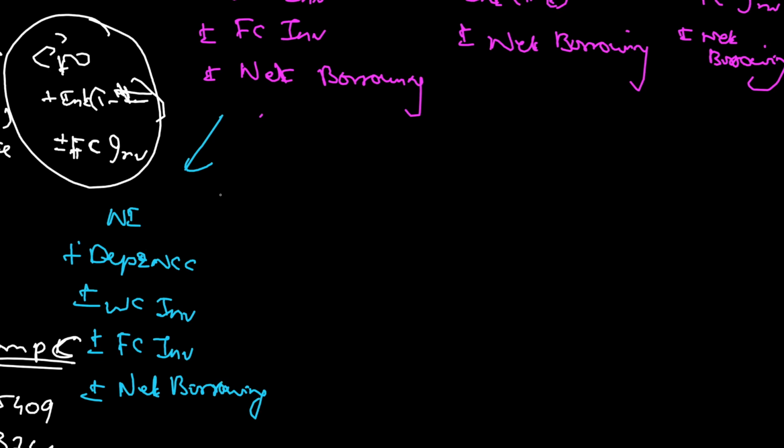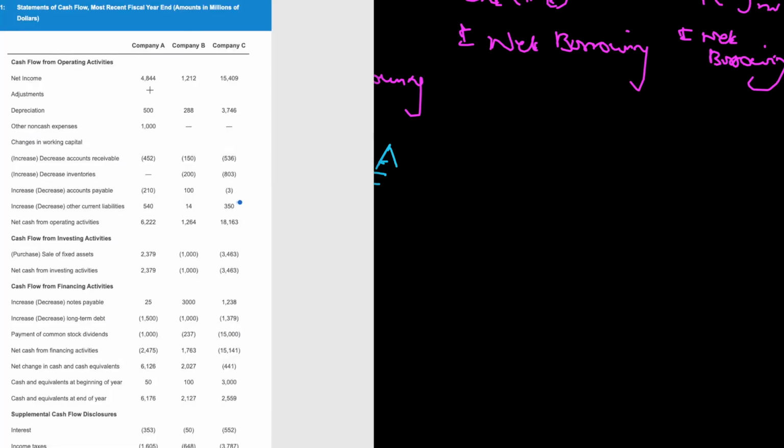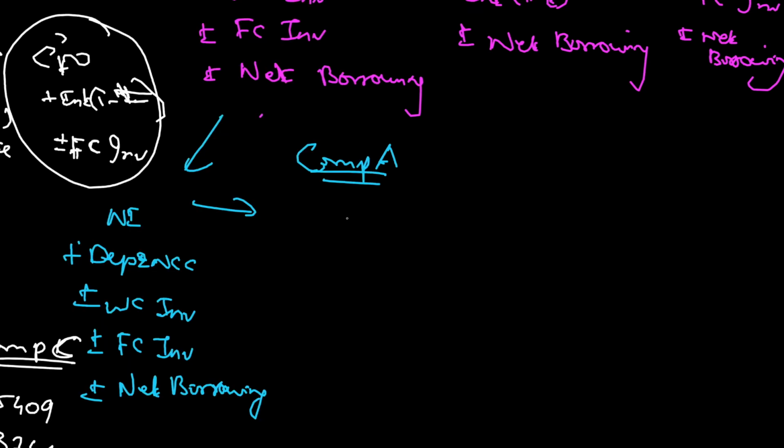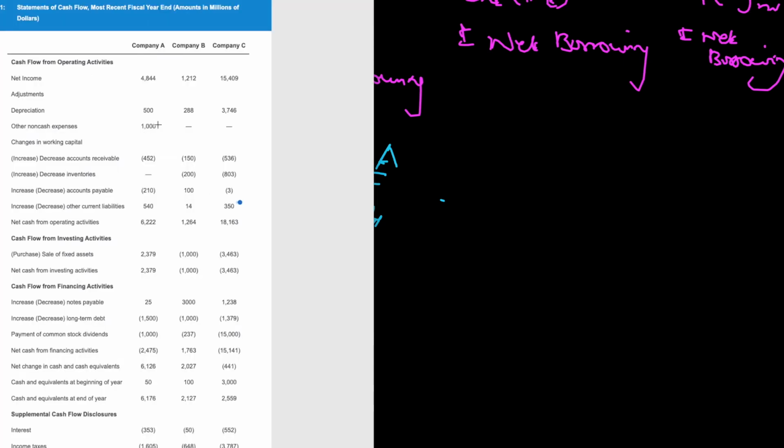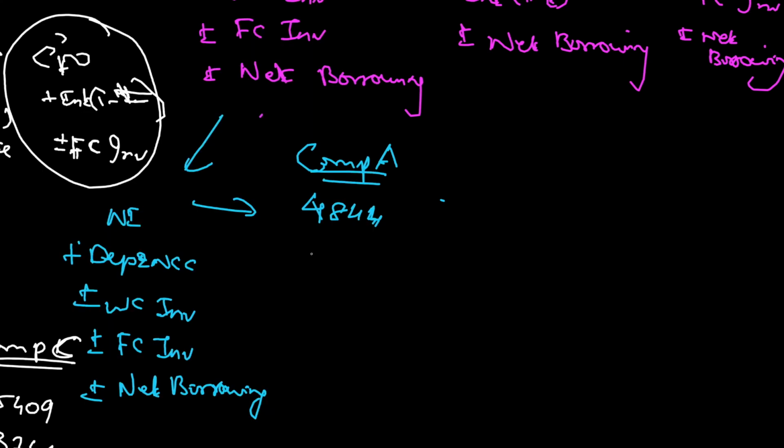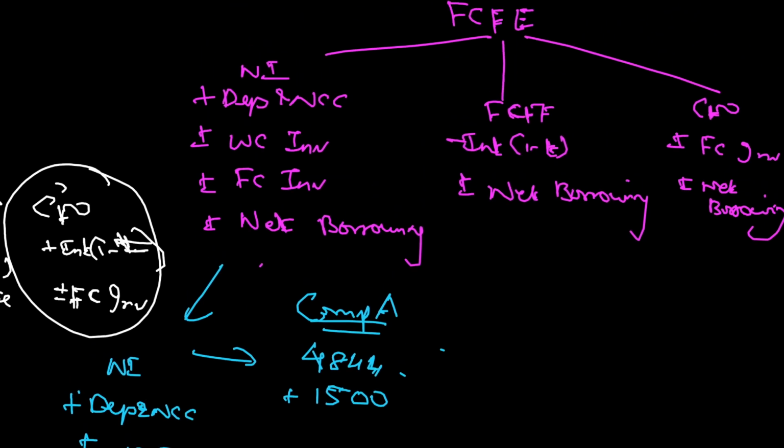Okay, so for company A, first, net income is 4844, depreciation and non-cash charges 1500, which I'm supposed to add. Then working capital we have already calculated.